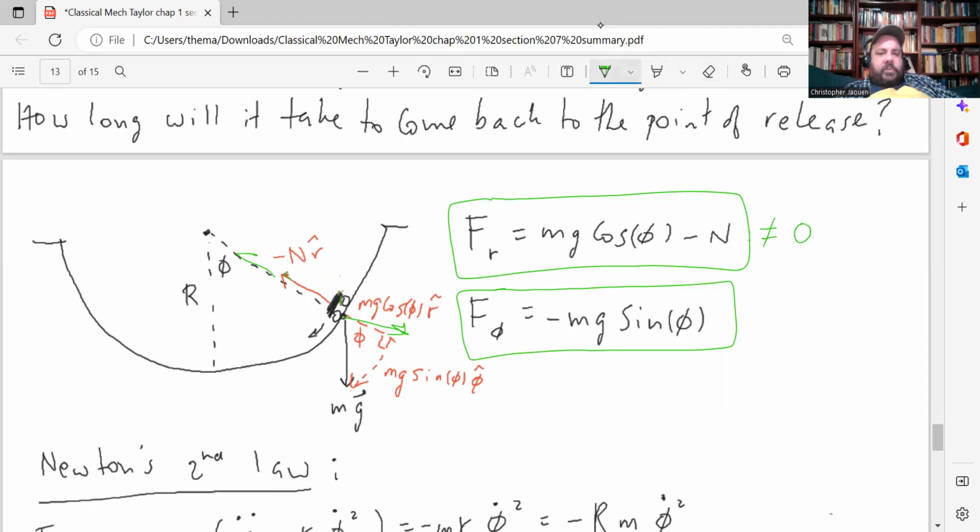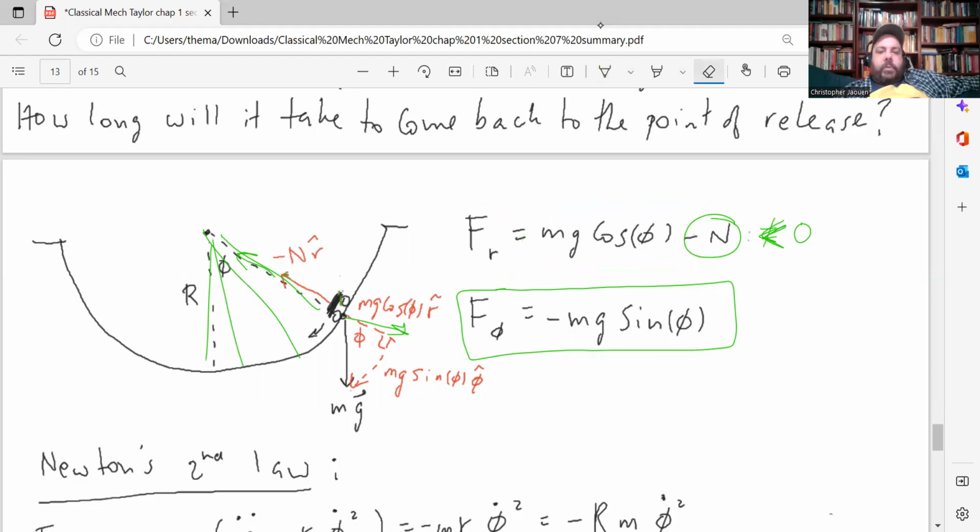That has to go this way, in order for the position vector to change direction. So this actually is not zero. It should be some negative quantity. This should be less than zero, which means that this component will be bigger than this component. But he says in the problem that that's actually not going to be an issue, and we'll see why in a second.